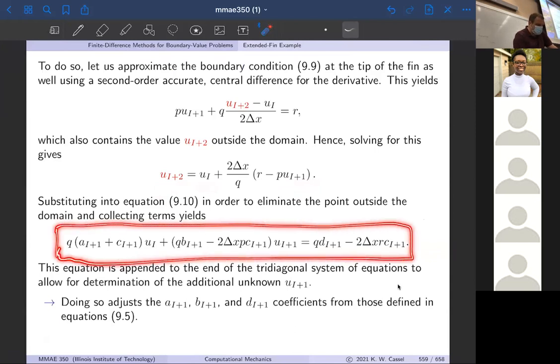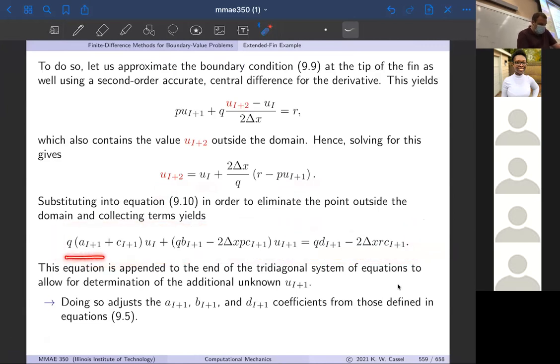This looks messy, but all it is, is a new coefficient times the U I, a new coefficient times the U I plus 1, and a new right-hand side. So this is a new A I plus 1. This is a new B I plus 1. And this is a new D I plus 1.